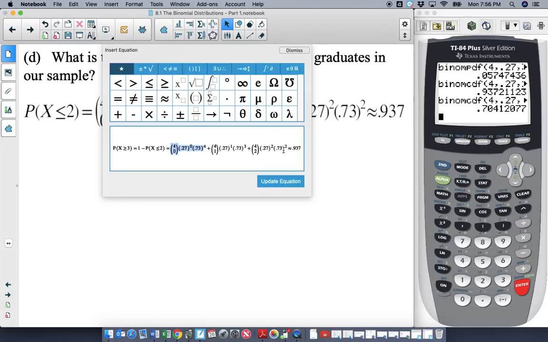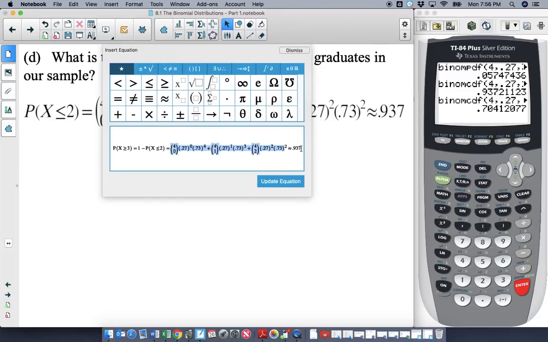So this time, I don't actually have to show all of this work. If it will let me delete that. Because we found the probability that x is less than or equal to 2 in part B, wasn't it?